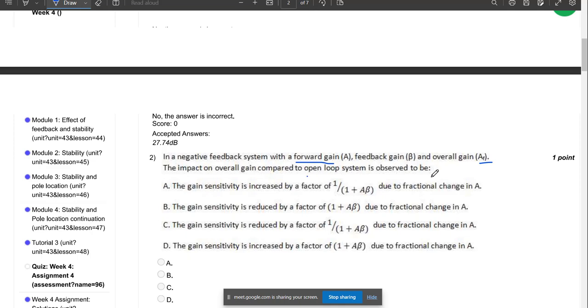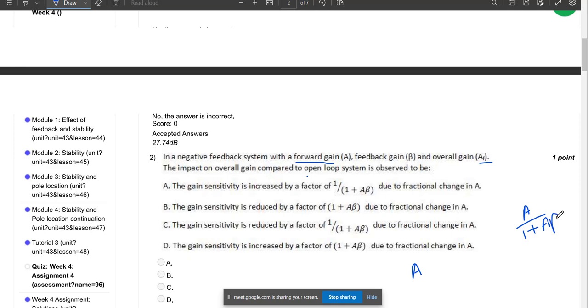So here forward gain is given to us, feedback gain is given to us, and overall gain is also given to us, right? Now it is asking the impact on overall gain compared to the open loop system. So we know that for an open loop system, gain will be A, right? And for the closed loop system, gain will be A upon 1 plus A beta, right?